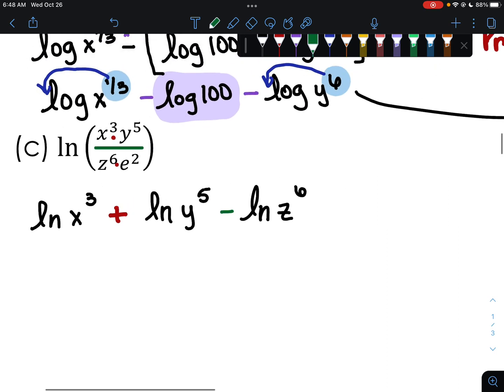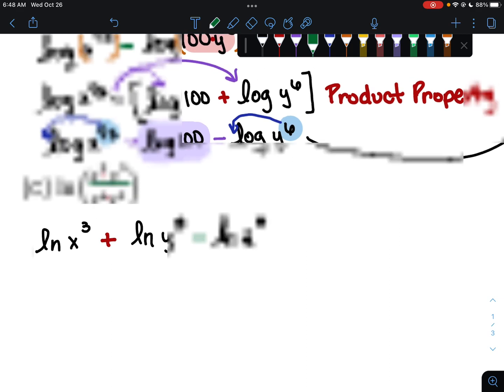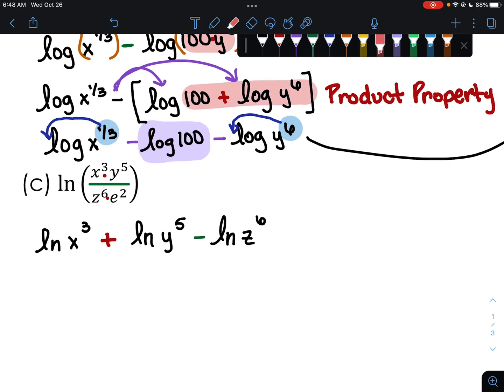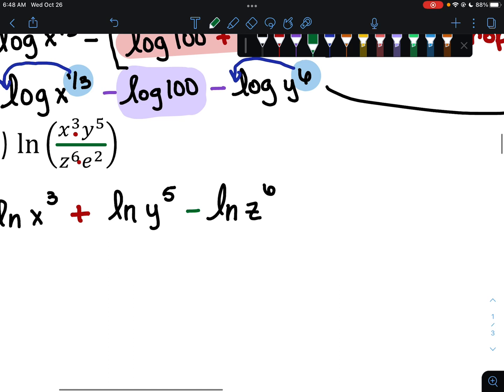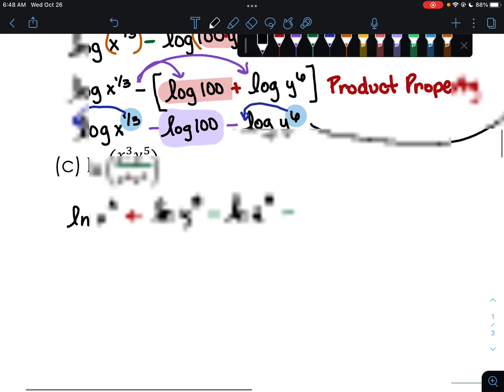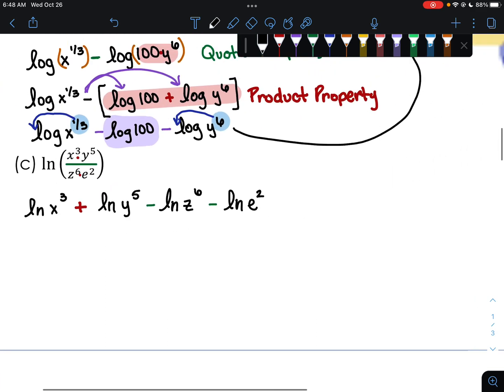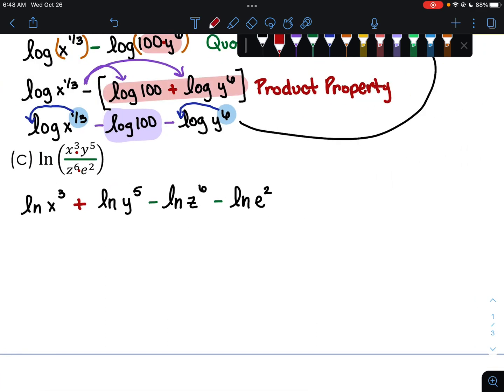Now the e, remember those were being multiplied. That would be the step like this up here, where I'm going to skip it and just give it that minus sign that we got after we distributed. So it's going to be minus the natural log of e to the 2nd. This was the product and the quotient rule in one.